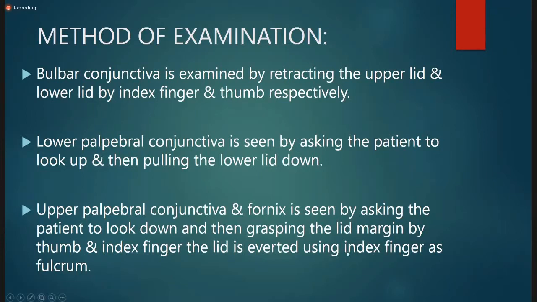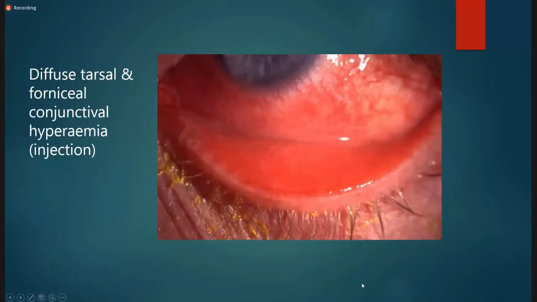Or you can also use a cotton swab stick to evert the upper eyelid. Look, in this figure, you are examining the lower palpebral conjunctiva with the help of a finger pulling the lower lid downwards. This is bulbar conjunctiva. There are three types of conjunctiva.